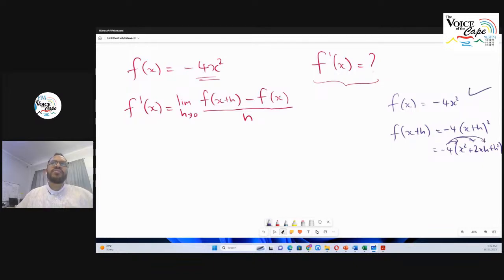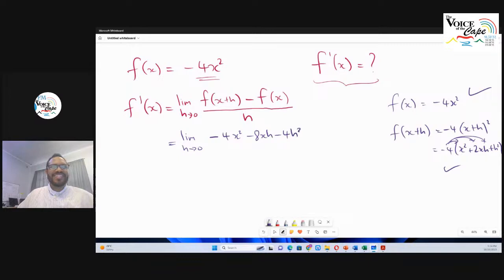So now we've got our materials to work with. Let us substitute the limit as h approaches 0 of f of x plus h, and that will be minus 4x squared, minus 8xh, minus 4h squared.